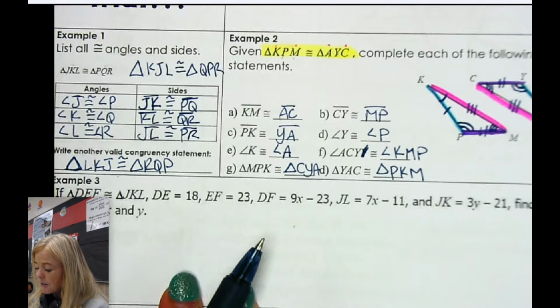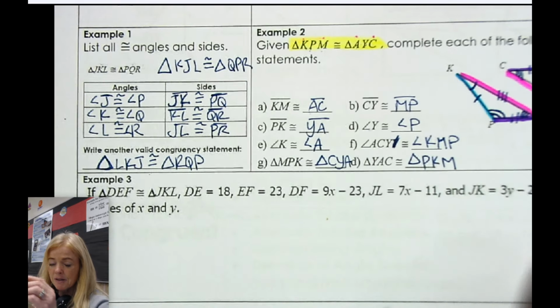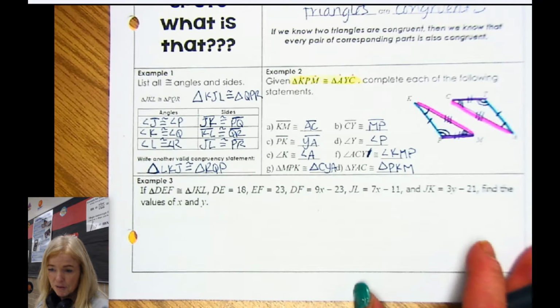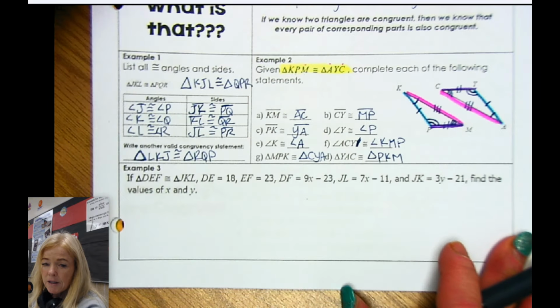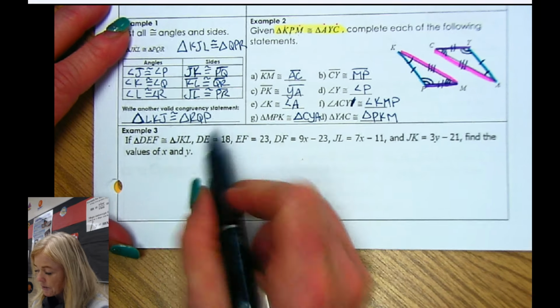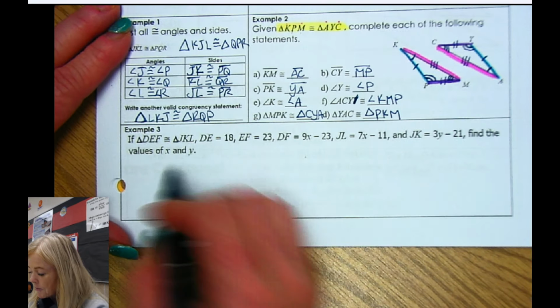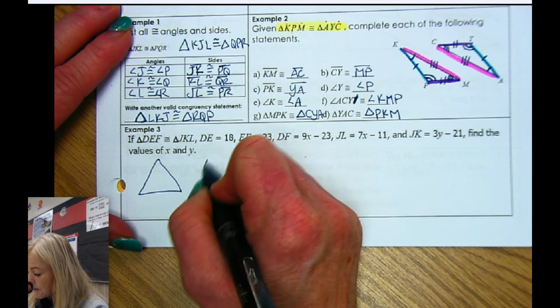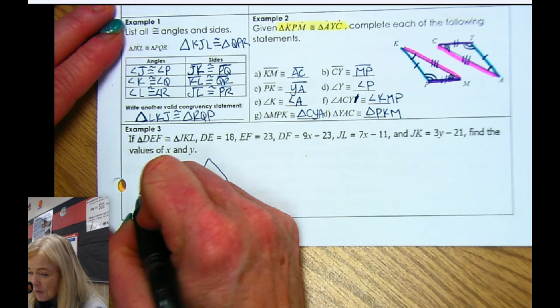Woo-hoo. All right, next example 3, you're going to get some problems like this on your homework. I'm going to go ahead and zoom back out so you can see the whole problem here. So triangle DEF, if you look at that, and triangle JKL are congruent. All right, now what I would do on these is I would just go ahead and draw myself 2 congruent triangles.